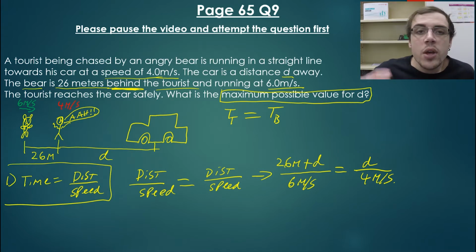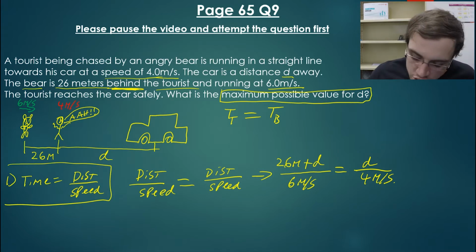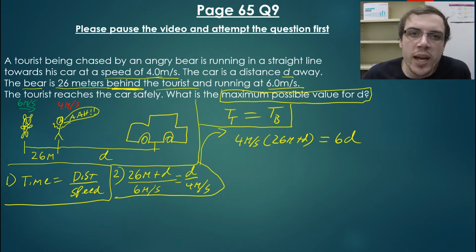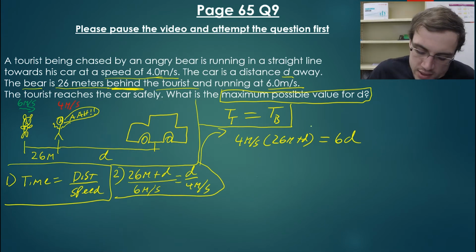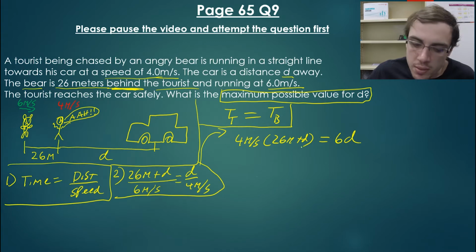Now we rearrange this equation. We've just rearranged it so it's a little easier to interpret. I've had to put this in brackets because this is addition, so we need to place those within brackets.